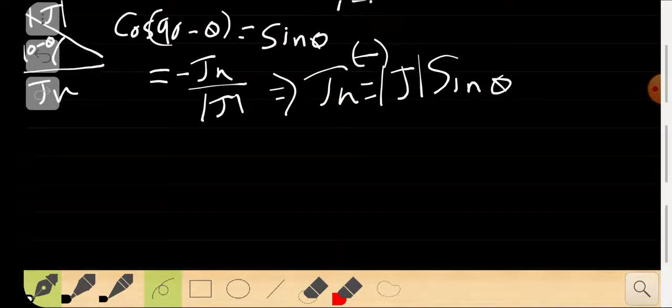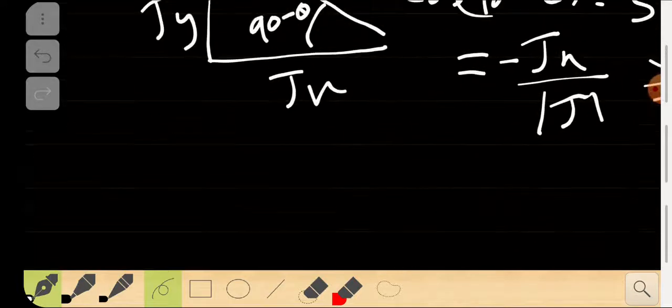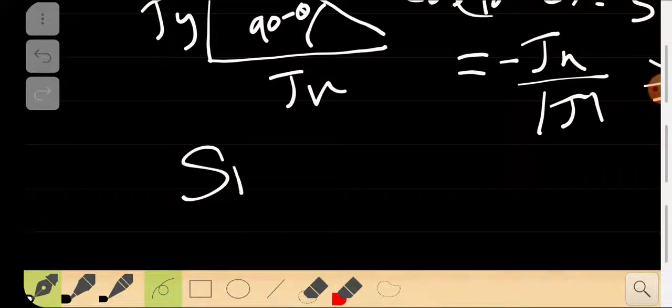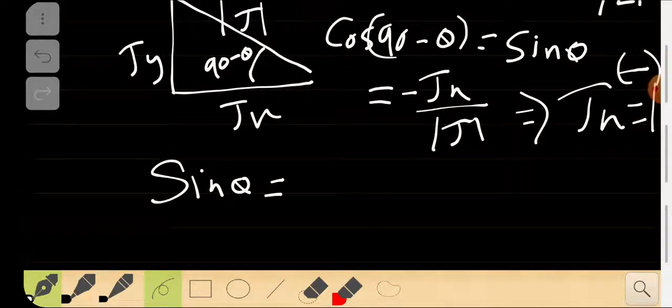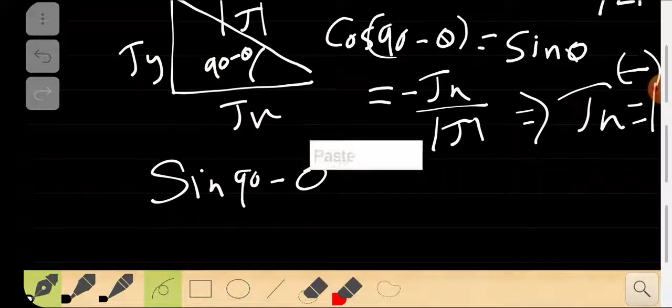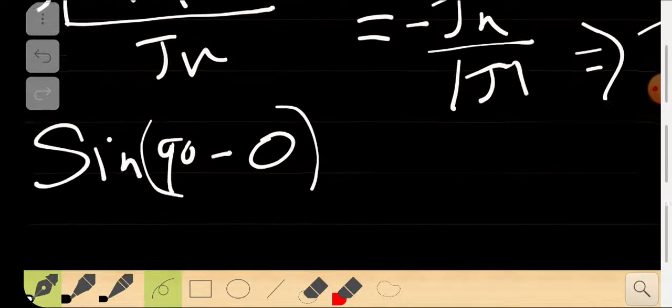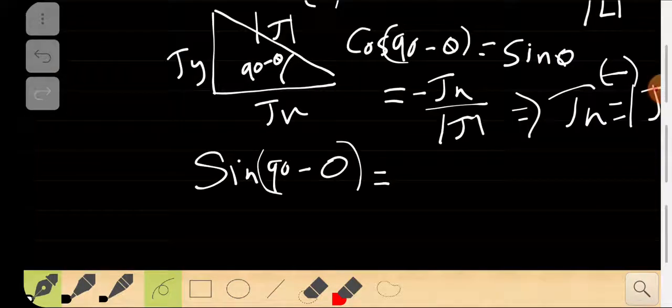And also you can look at sin here. Sin is just opposite by hypotenuse, which is actually sin of 90 minus theta, right? So it's 90 minus theta, which is equal to cos theta.